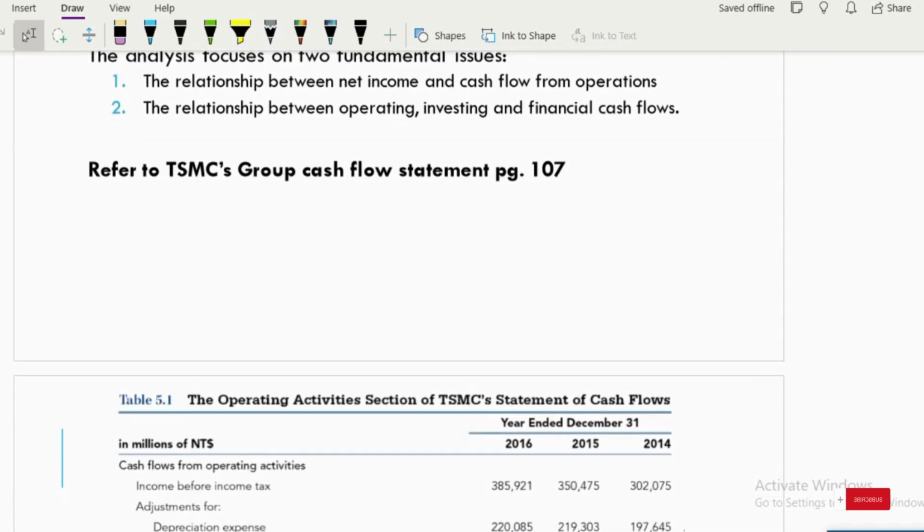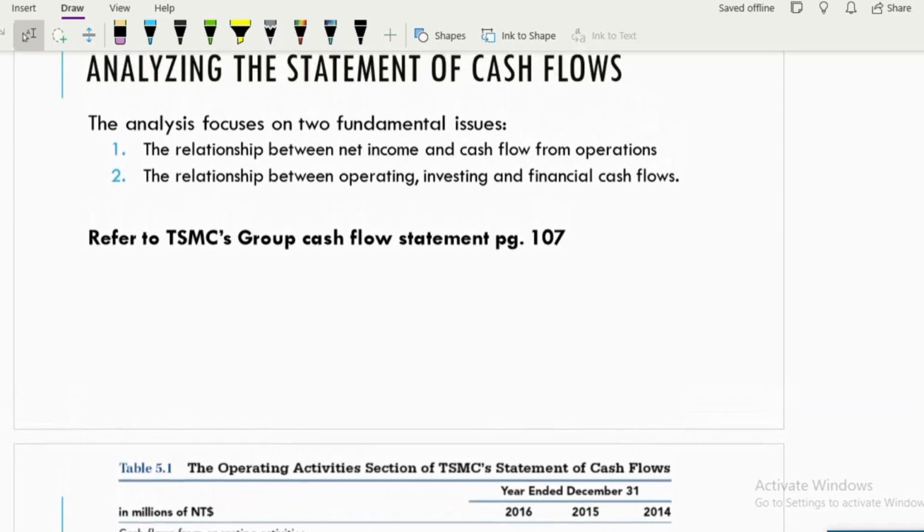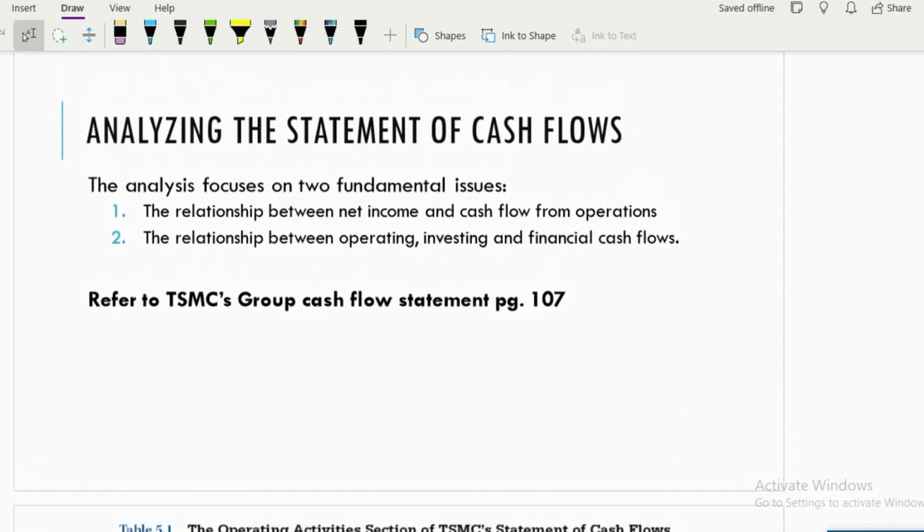Our job is to analyze as well, so how do we analyze the statement of cash flow? The most important thing is to find out the difference between the net income and cash flow from operating activities, so that we can know whether our operations are efficient or not.